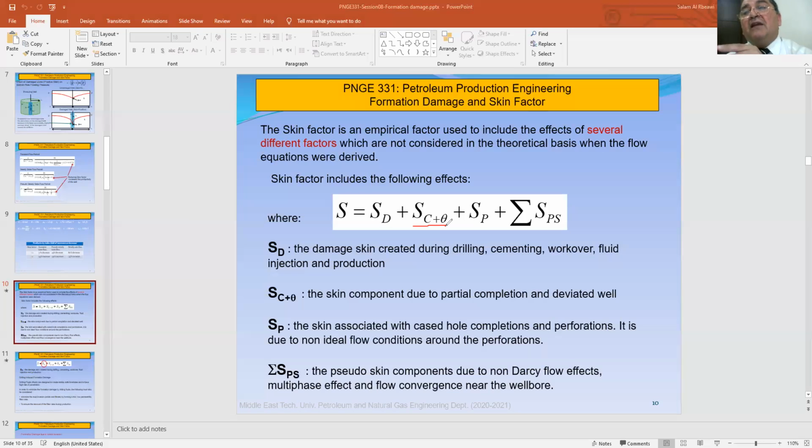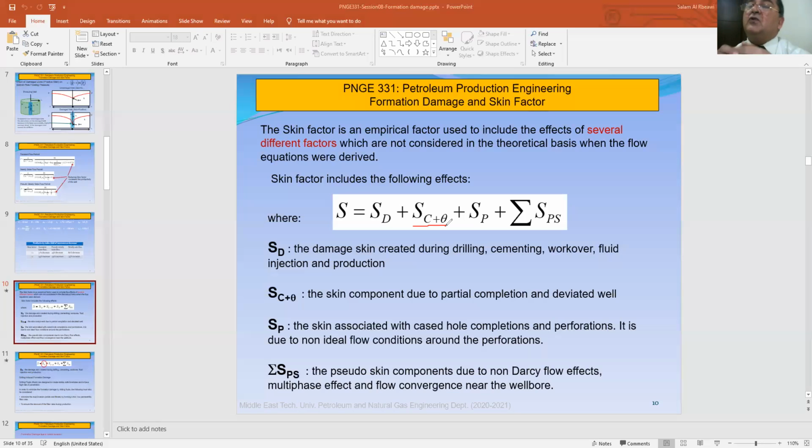And if you remember, when I talked about non-Darcy flow during the inflow performance relationship, we talked about the turbulence, or the rate dependent skin factor, that is D times Q. It is going to be multiplied by Q, then it will be D Q square.